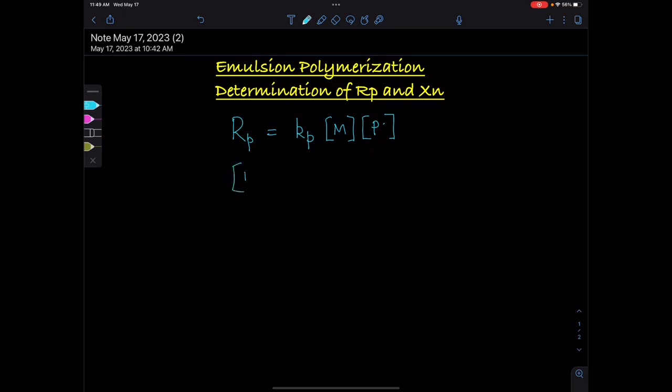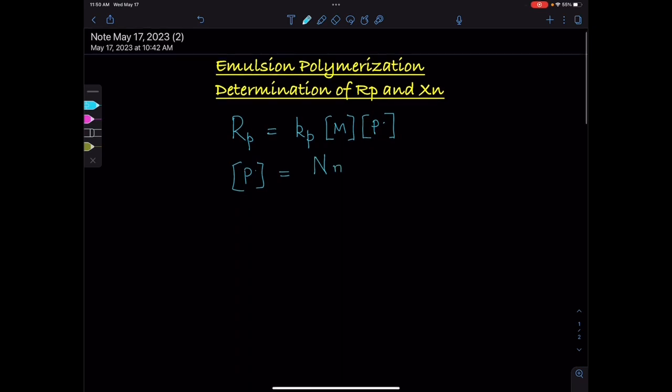The concentration of the polymer particle can be written as N times small n over Na, where N is the number of particles per liter, small n is the average number of radicals per polymer particle, and Na is the Avogadro number.